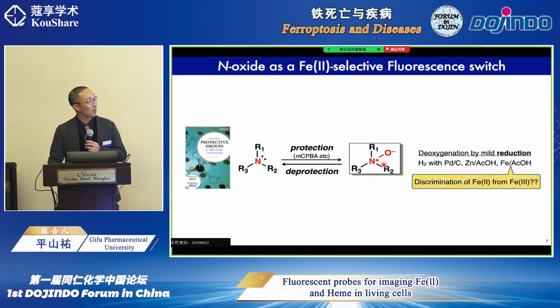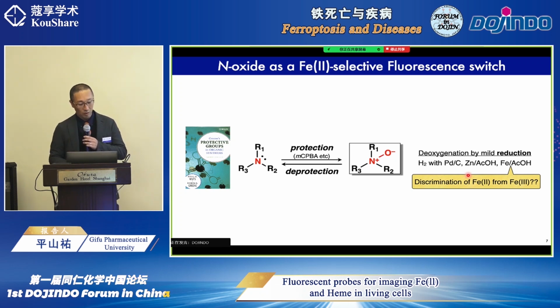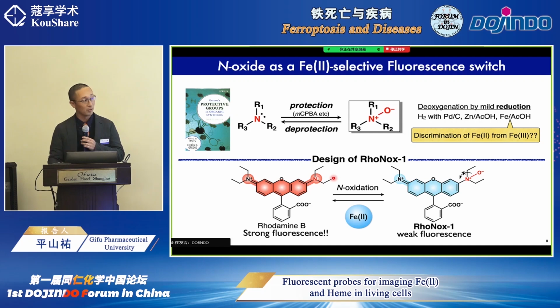And the deprotection of this compound can be done by a mild reductive deoxygenation reaction using iron. So we expect that this reaction can discriminate Fe2+ from Fe3+ because Fe2+ is more reductive than Fe3+. How to incorporate this chemical reaction as a fluorescence turn-on switch is the next question.